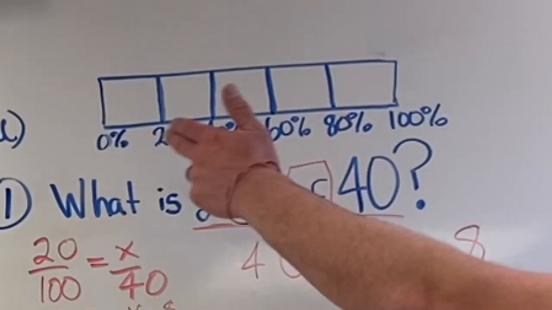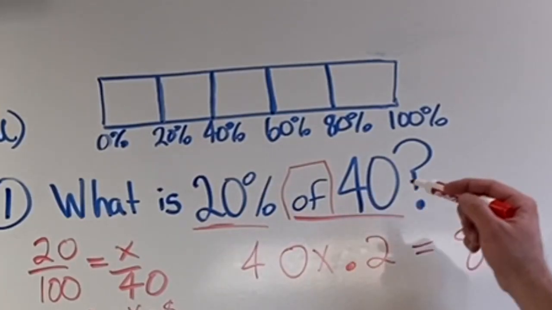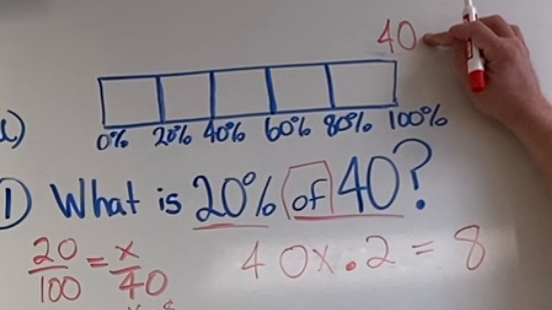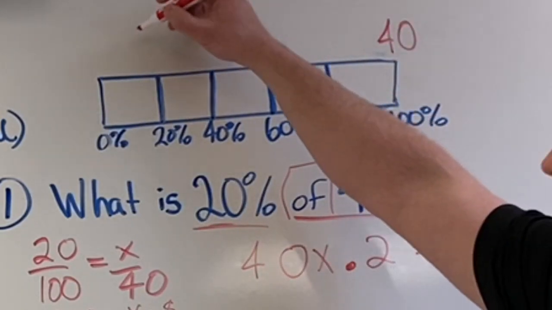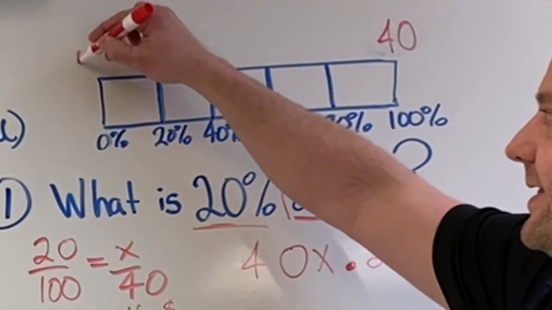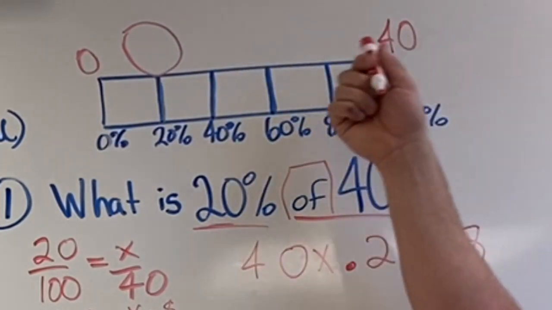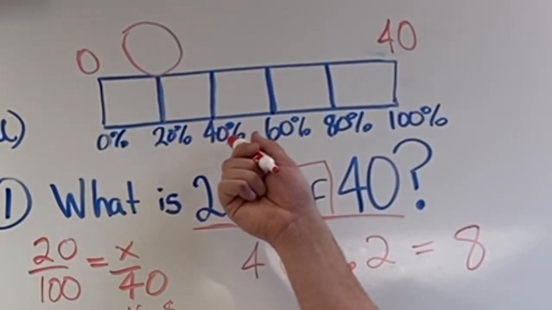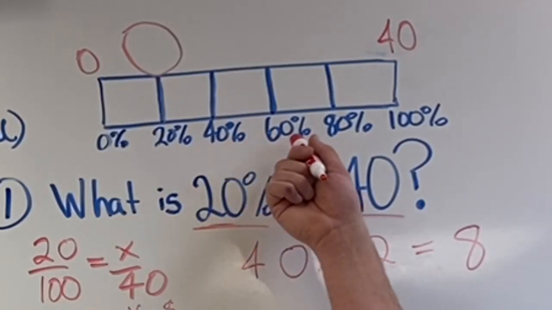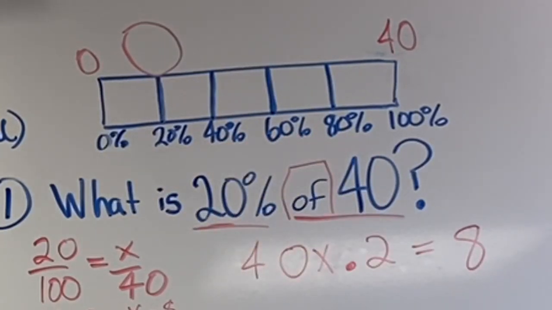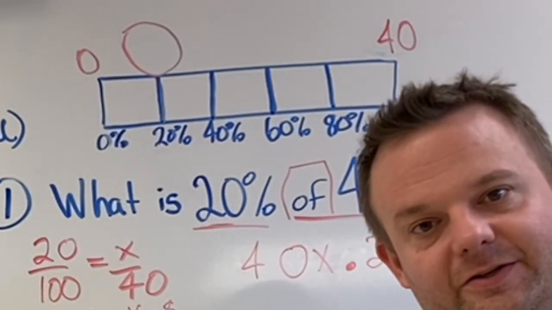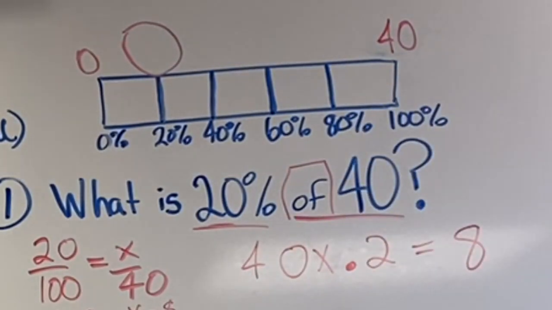Here's a model just to make sense of it. Of 40 means the 40 goes here, that's the whole, and we're missing the part, which goes right here. This is 0, so 0 to 40, and we're going by fifths, because 20% is 1/5, 40% is 2/5, 60% is 3/5, and 80% is 4/5. And 5/5, of course, is 100%, or 1.